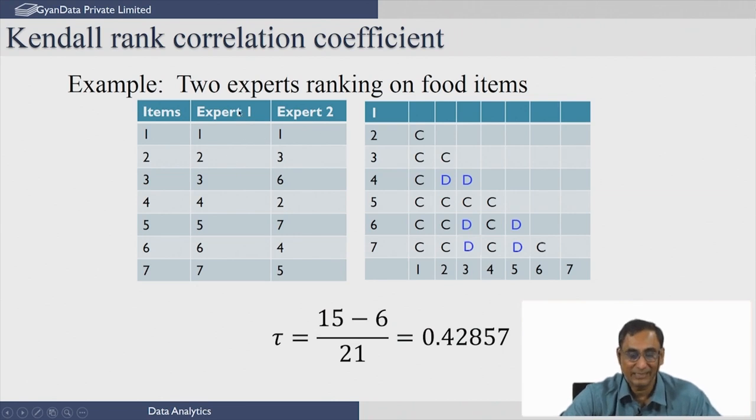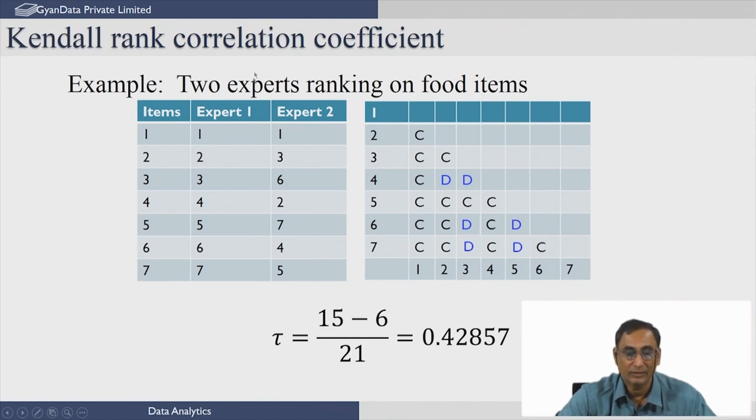So, basically we are saying x and y are associated with each other, or there is a strong association; otherwise it is not strongly associated. If expert 2 completely disagrees with expert 1, you might get even negative values. So, a high negative value or high positive value indicates that the two variables x and y in this case are associated with each other.